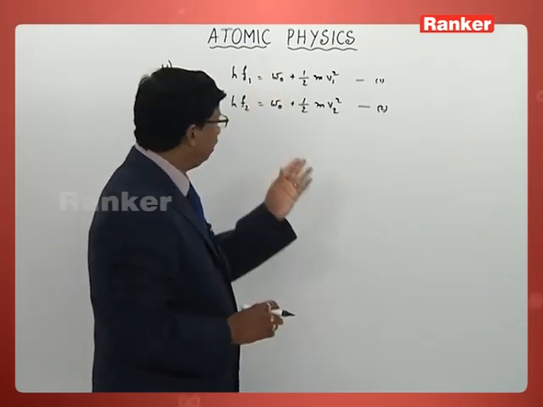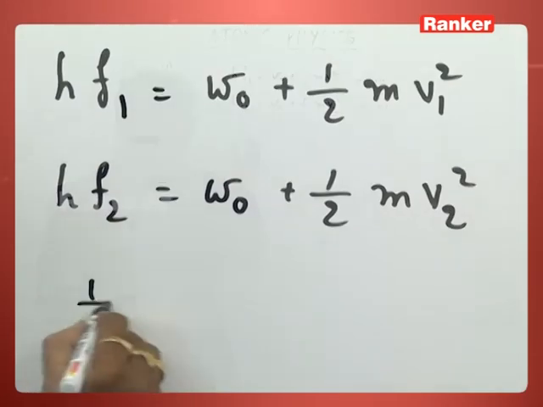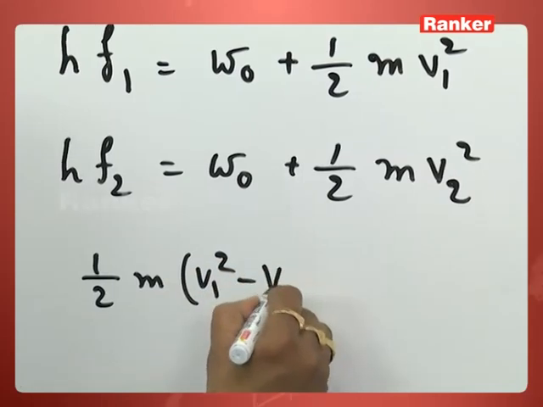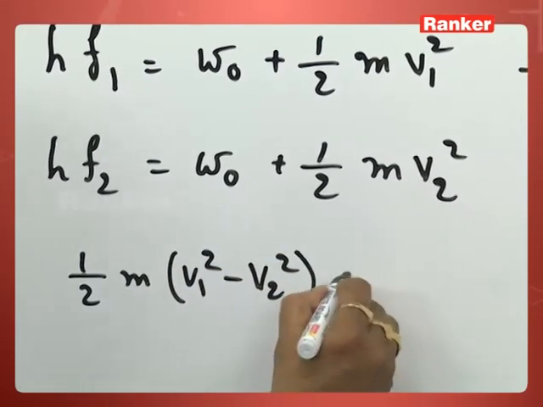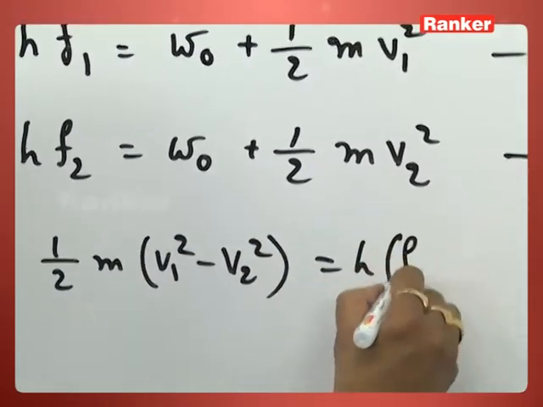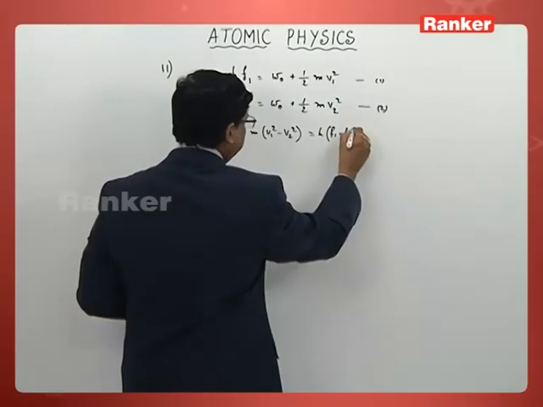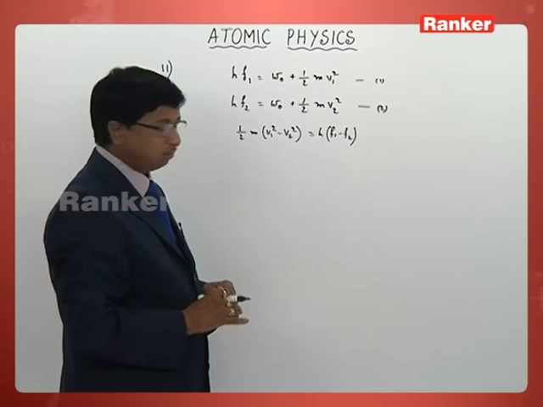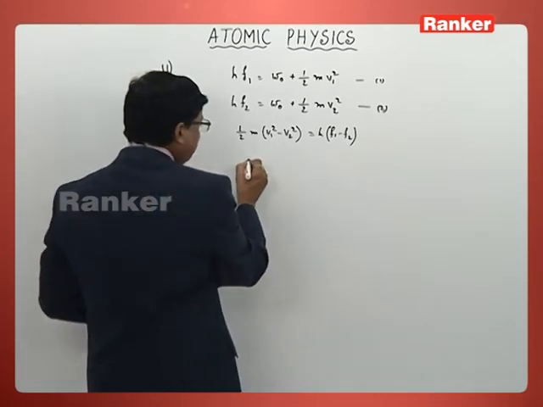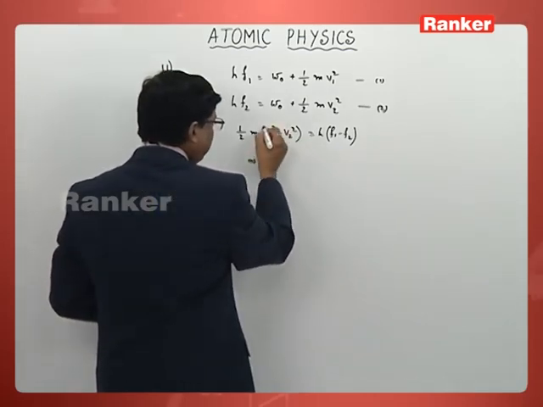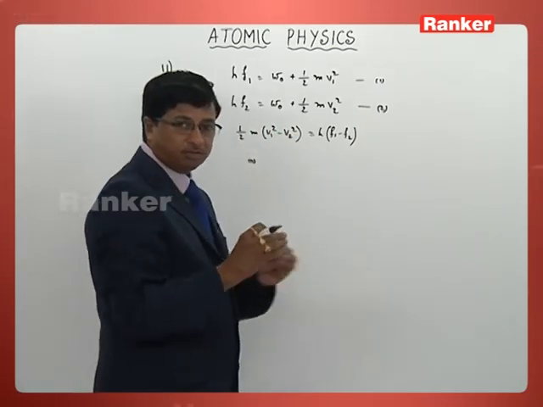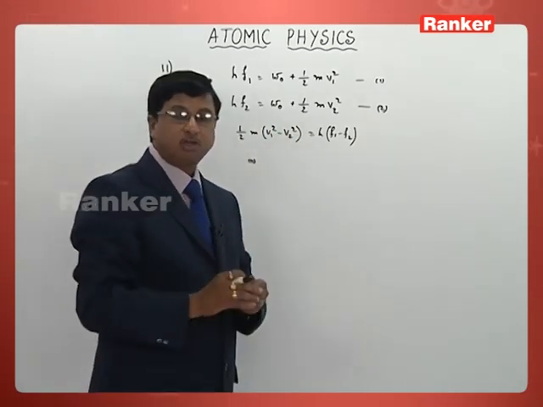That is the point. Now simply take the difference of these two equations. So what will you get in this case? Half m into v1 square minus v2 square is equal to h into f1 minus f2. That is actually the concept. But according to the options given, he is talking about velocities, differences of velocities, sums of velocities like that. He has given four different options.